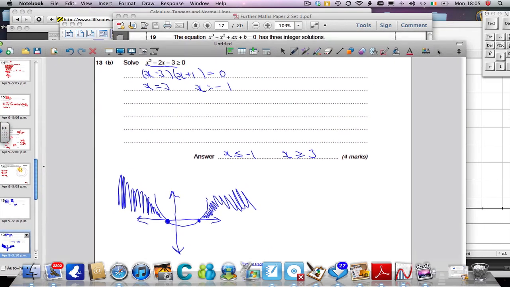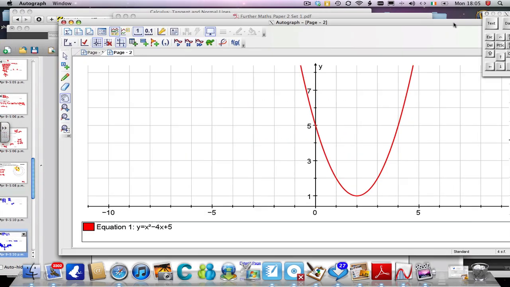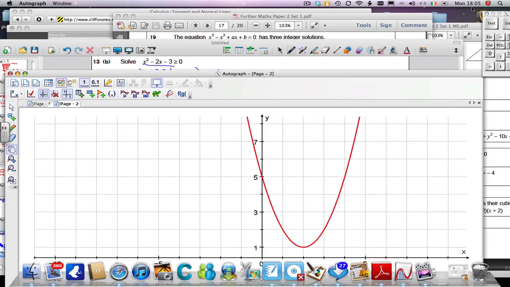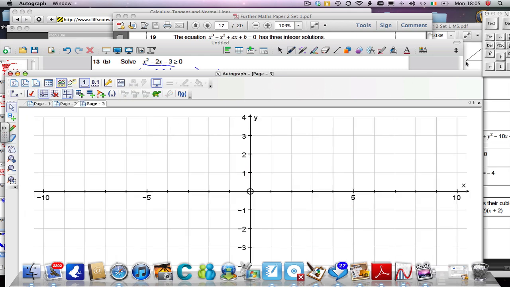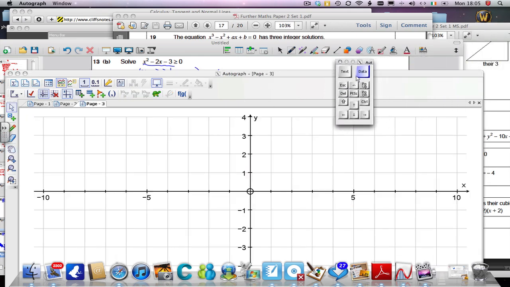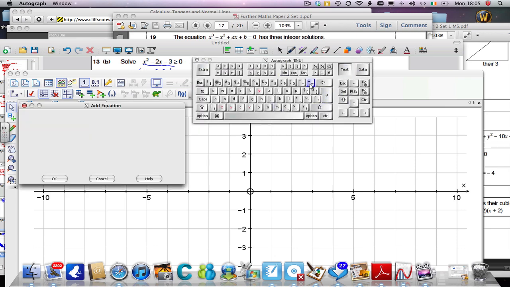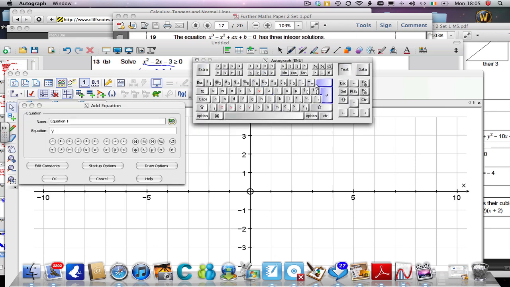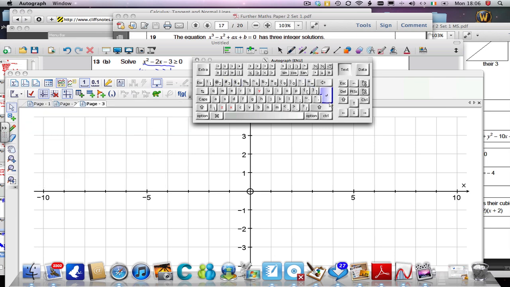So let me just draw you that graph using my new favorite tool, Autograph. Bring up a new page here. Okay, so we want y equals x squared minus 2x minus 3.